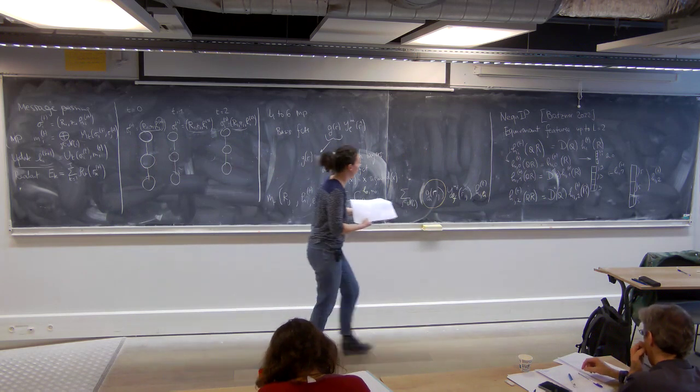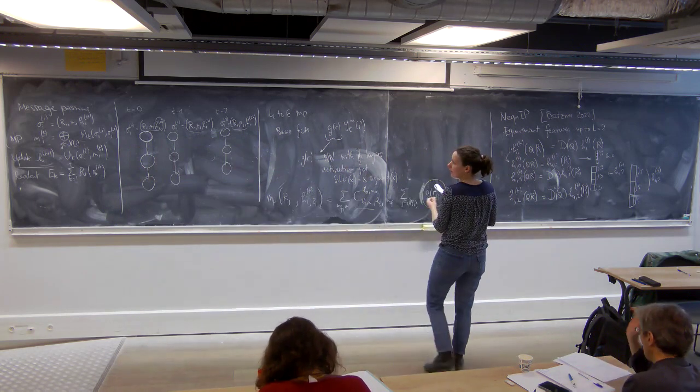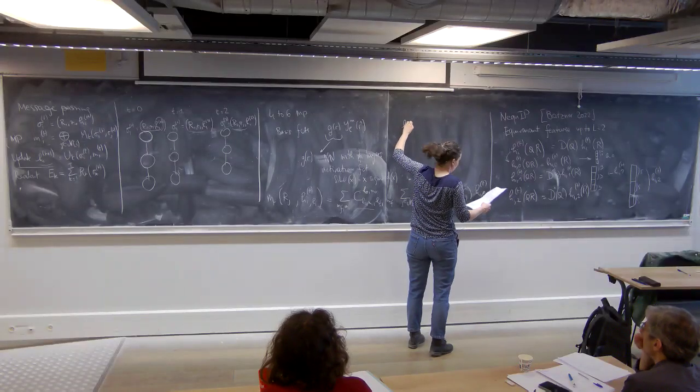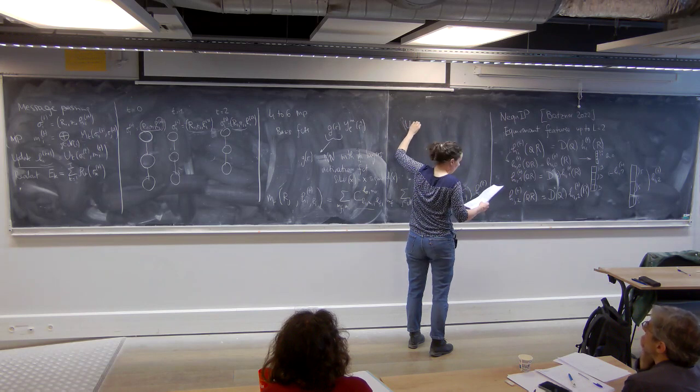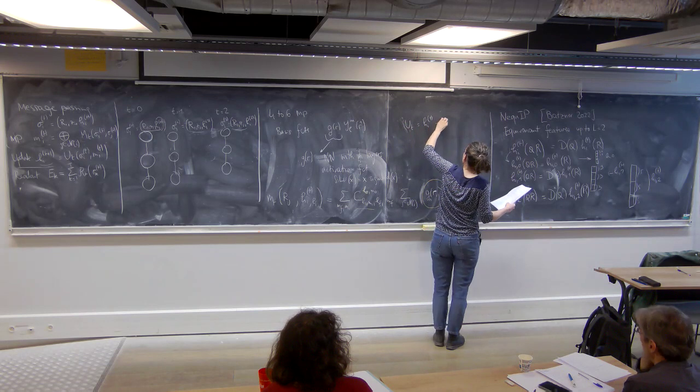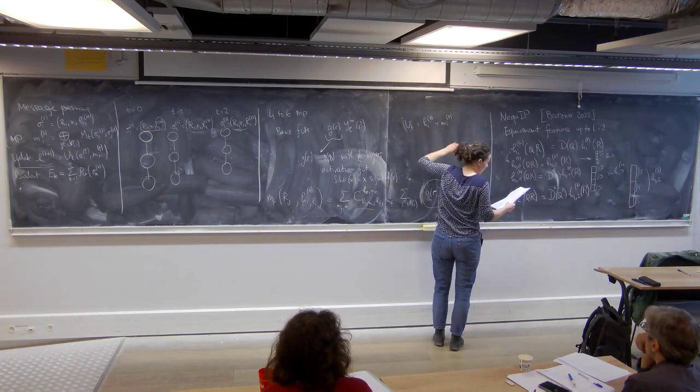Okay, and then the update function is the same as in SchNet. It's just h_i^(t+1) = h_i^t + m_i^t.